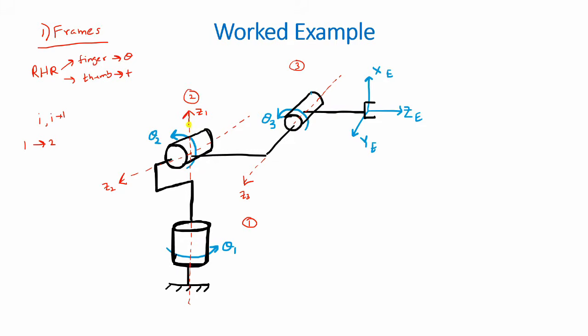So z1 would intersect at this point, and so this would be the origin. For 2 to 3, since they're parallel, we will look at the common perpendicular which lies along this particular link. Therefore, the origin of z2 would be the start of the common perpendicular, which would be the start of the link. So z2 would lie in this direction.